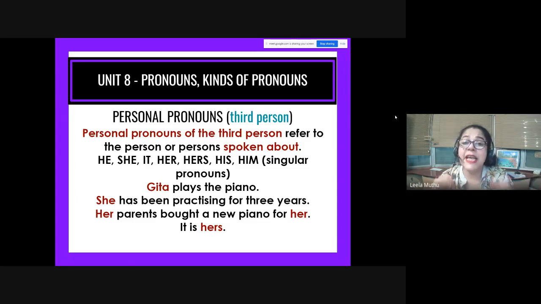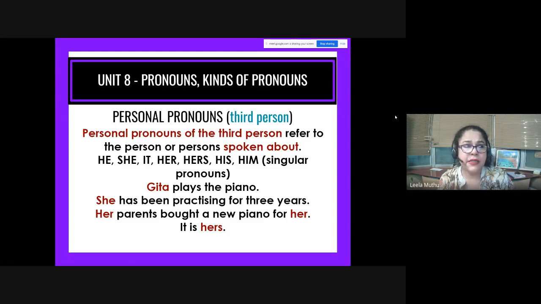When I say it, I'm talking about a non-living thing or an animal. When I use words like theirs, I'm talking about something belonging to a group of people. So as you can see, they and theirs do not have masculine or feminine about them. They are plural pronouns of the third person. All this: he, she, it, they, theirs, themselves, their.